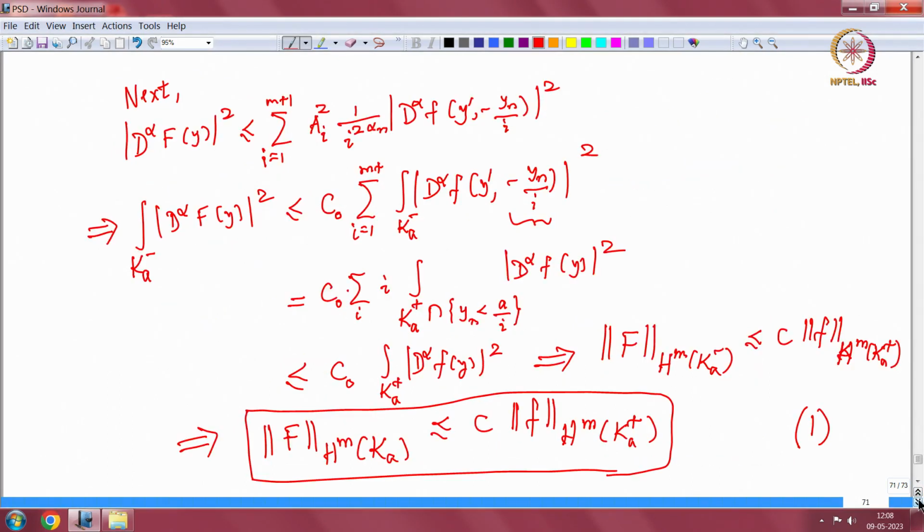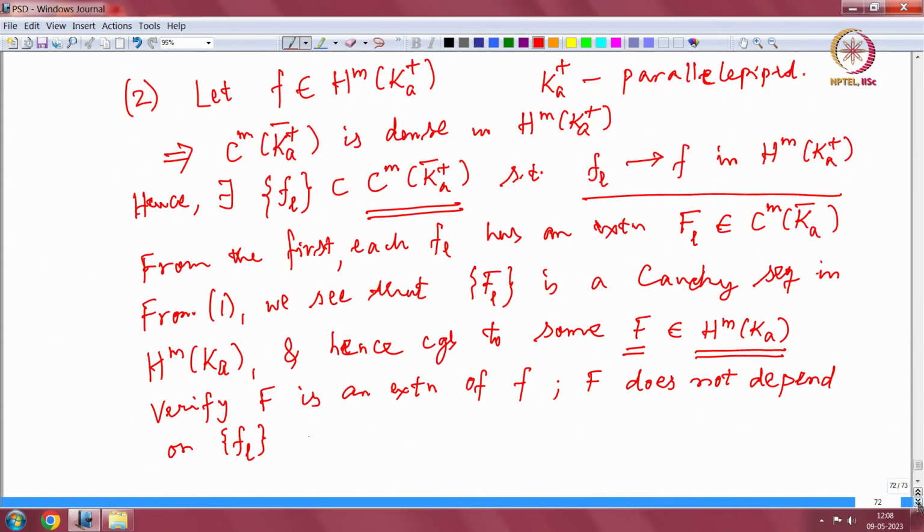And we can now pass to the limit in 1 using any sequence. So let me also write that, and further, F satisfies 1. So that is important for us. Okay.